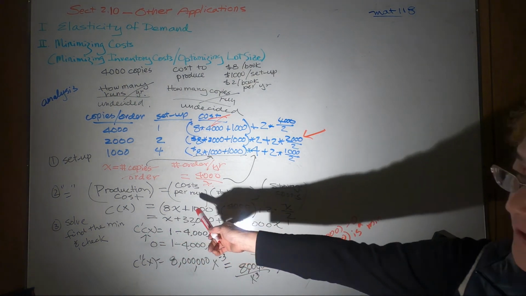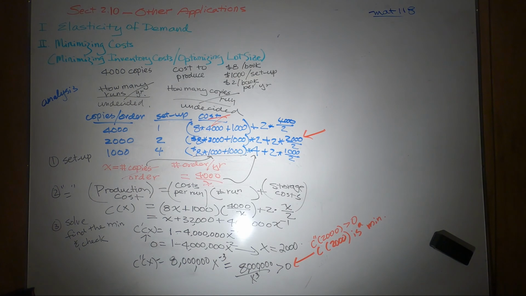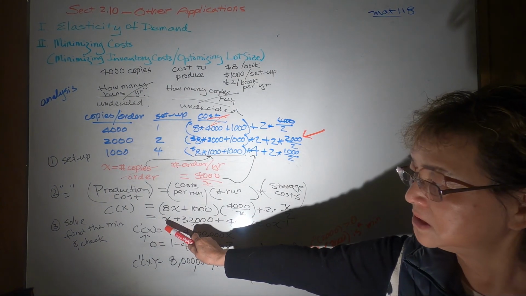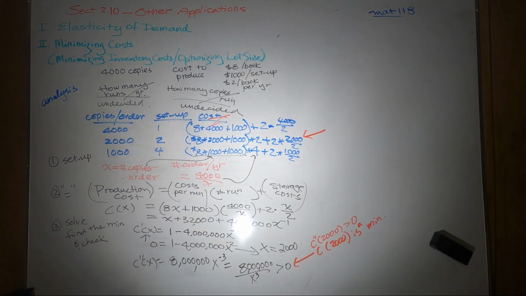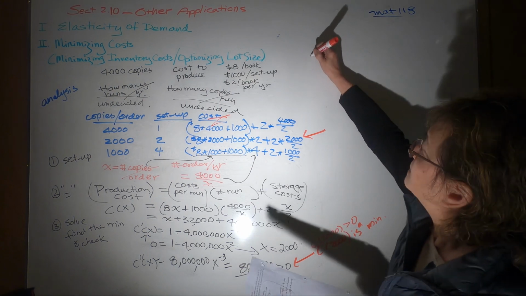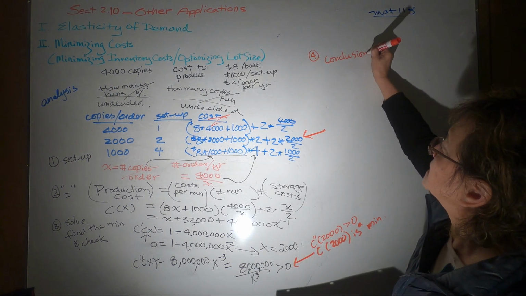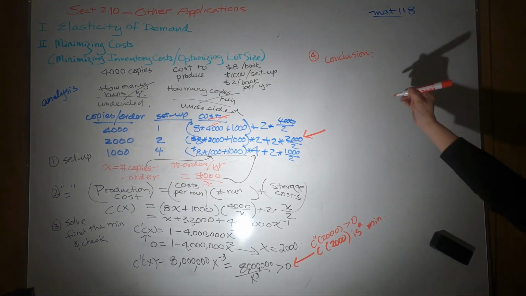In this case, you find the minimum and check, right? By the new skills you have learned, first derivative and second derivative. Okay, then we draw a conclusion. We already did, right? Let's just write it out.